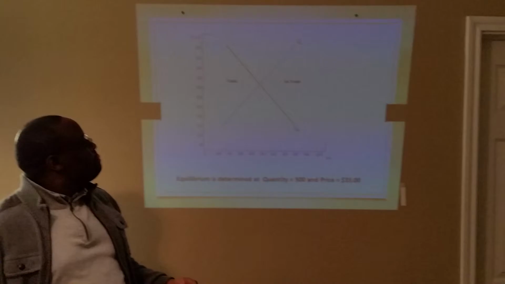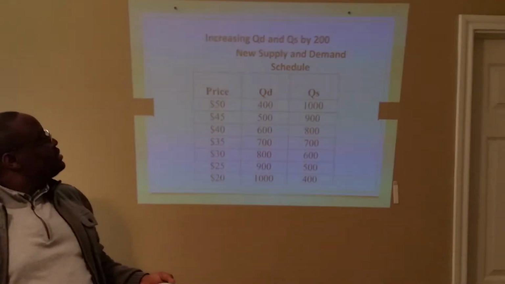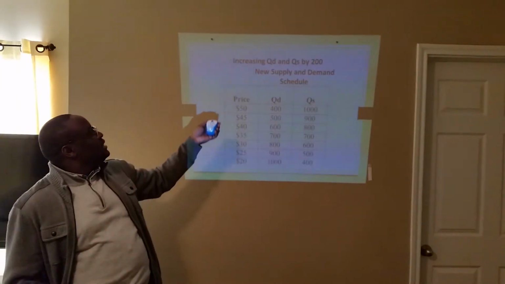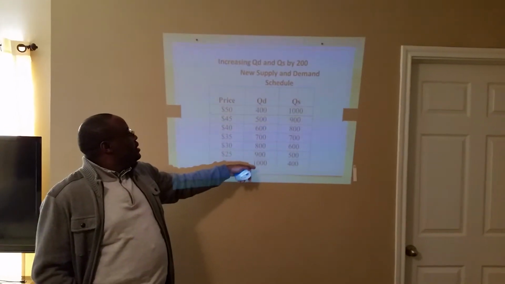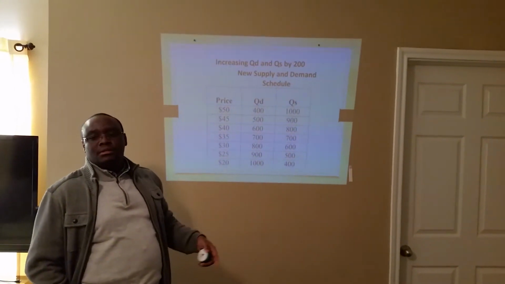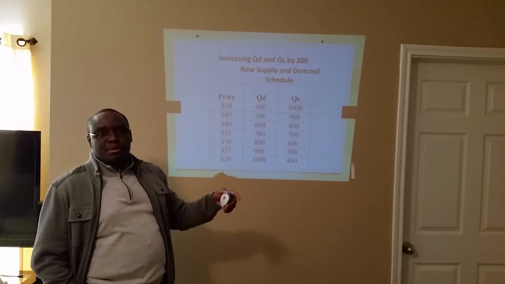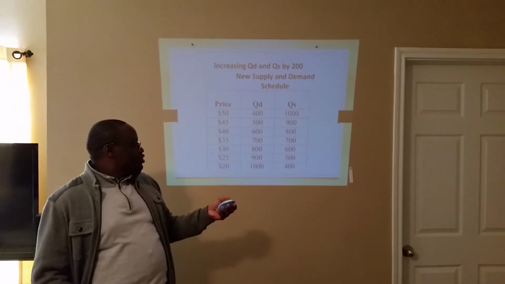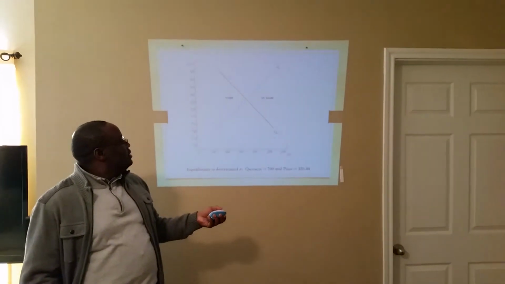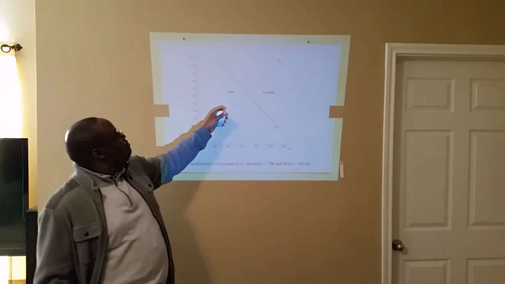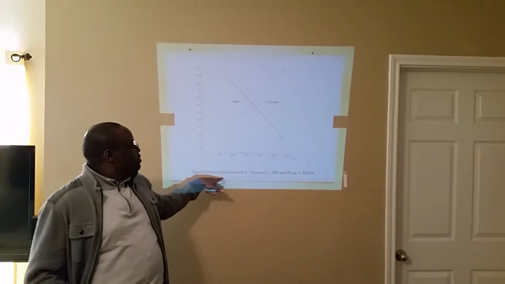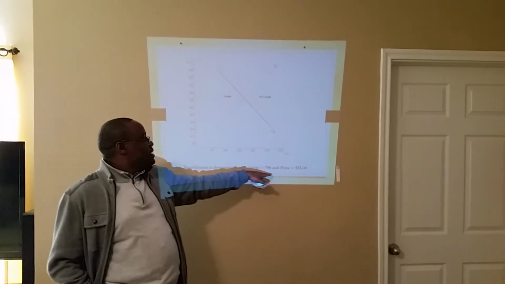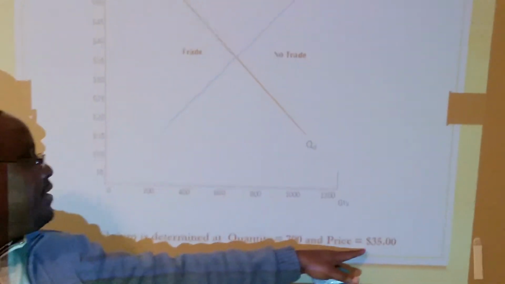So our next slide here is that we can actually decide to increase the quantity demanded and the quantity supplied by 200, and we see if the equilibrium price and equilibrium quantity are going to change. So let's look at what that gives us. That actually brings us to another location whereby we have the equilibrium quantity being 700 and the equilibrium price being 35.